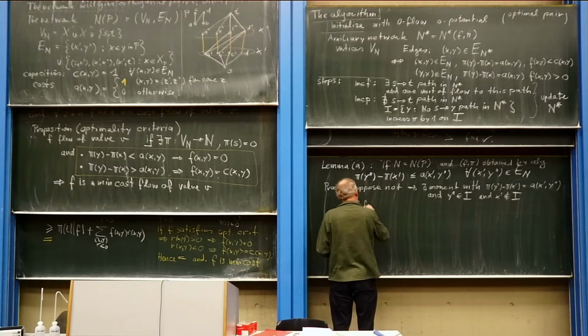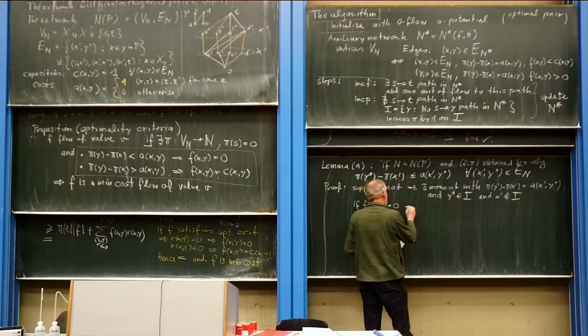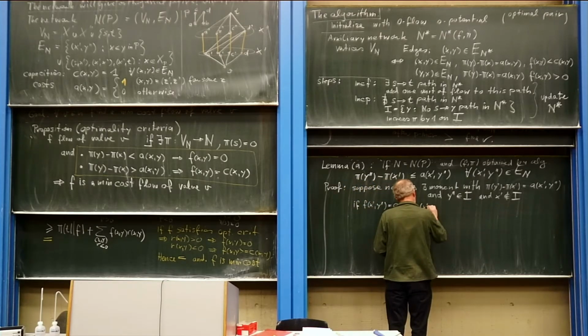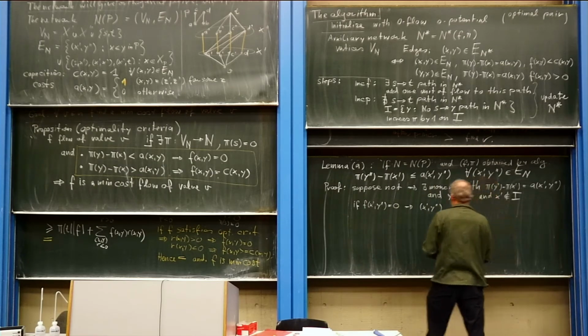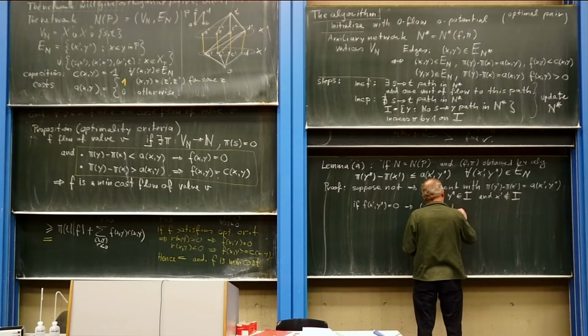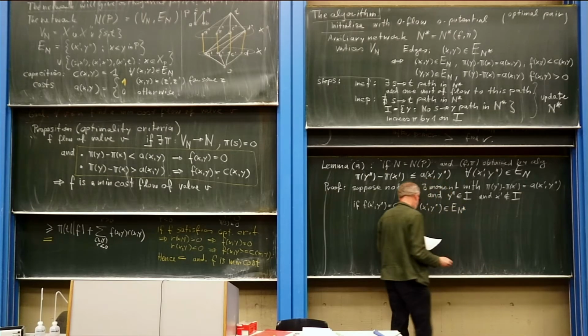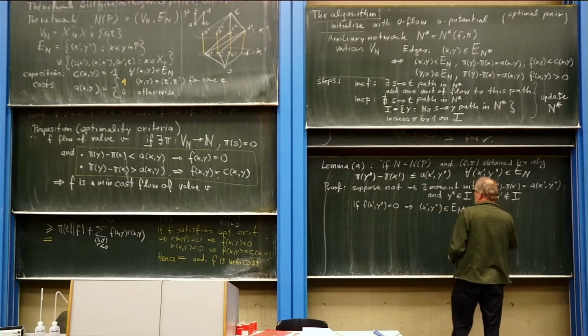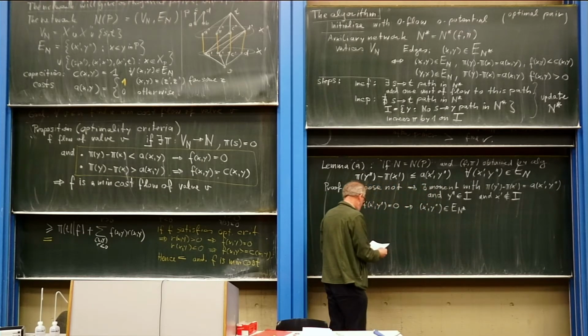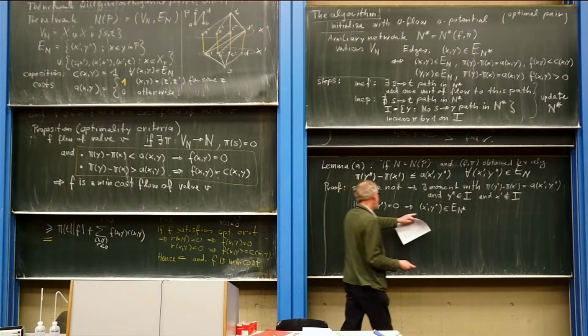So if f of x prime y double prime is equal to 0, then the conditions are so that this is an edge in our auxiliary network.